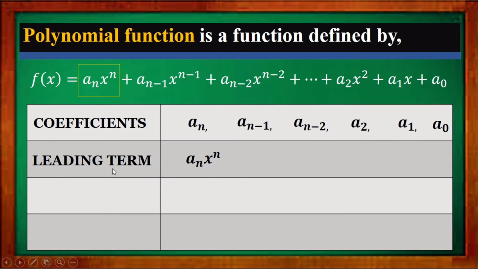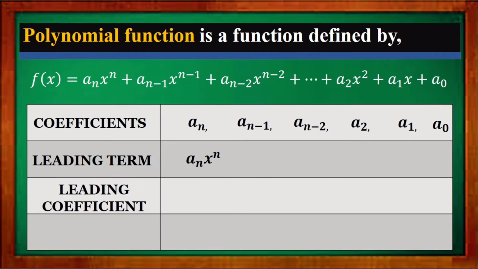So take note that when we say leading term, it is the term having the highest exponent. If we have a leading term, we also have what we call the leading coefficient. So saan naman natin makukuha si leading coefficient?